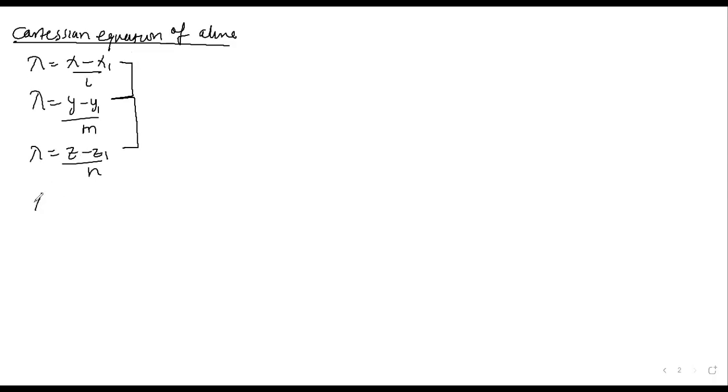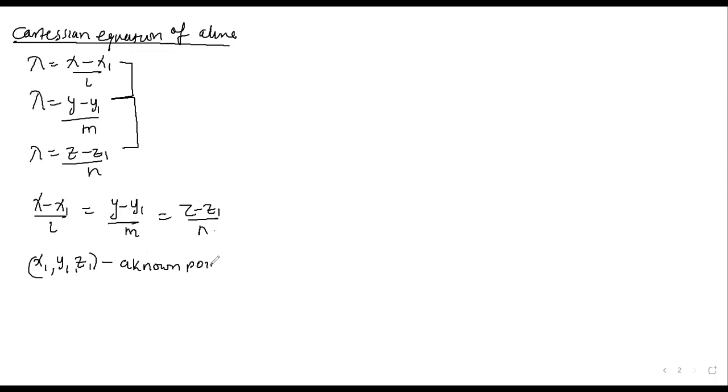When you equate them, you have x minus x1 over l is equal to y minus y1 over m is equal to z minus z1 over n, where x1, y1, z1 are coordinates of a known point on the line.